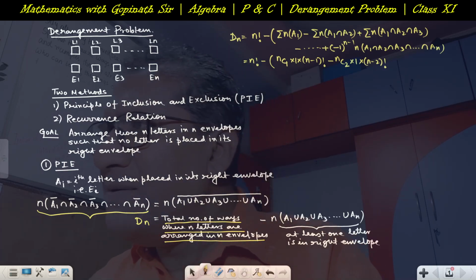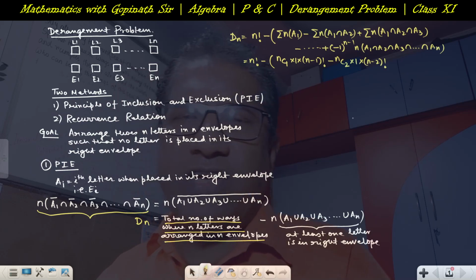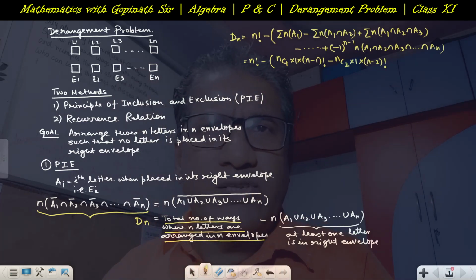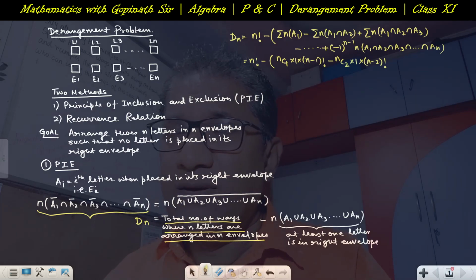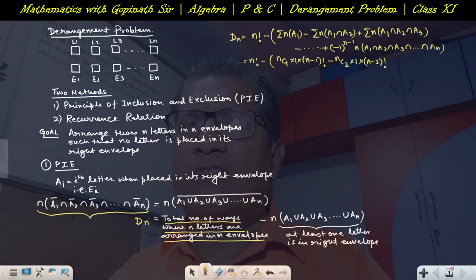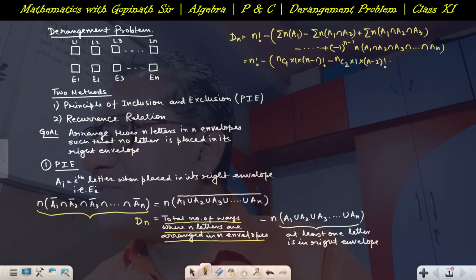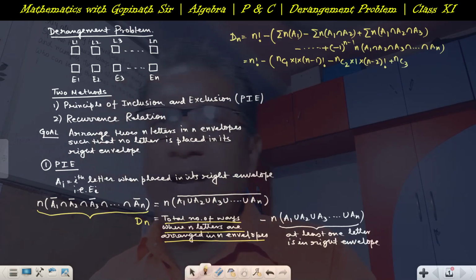See the third one, we actually have sigma n(A1 intersection A2 intersection A3). That is, we are choosing 3 letters out of the available n letters, which can be done in nC3 different ways.